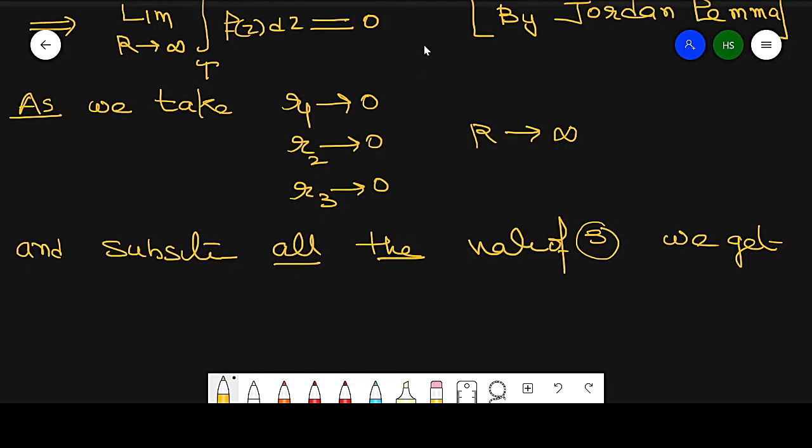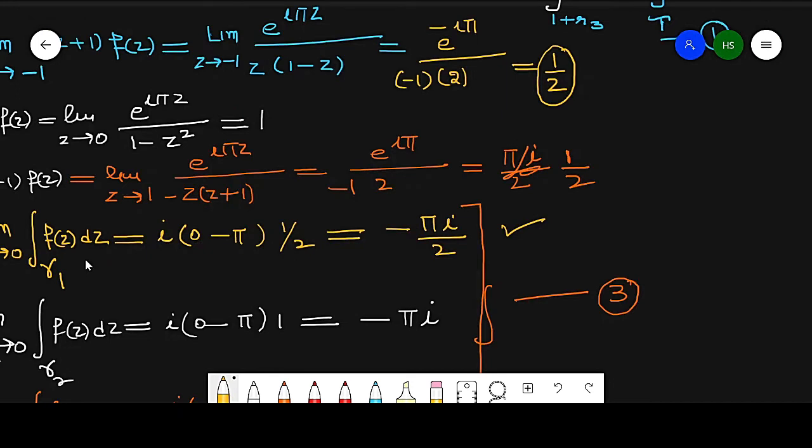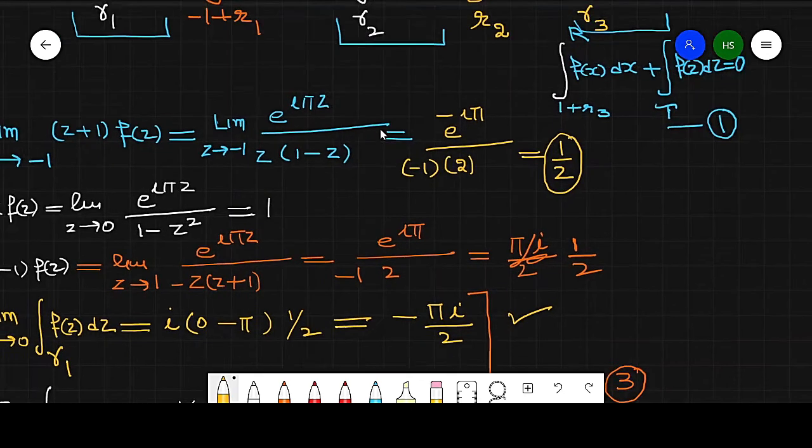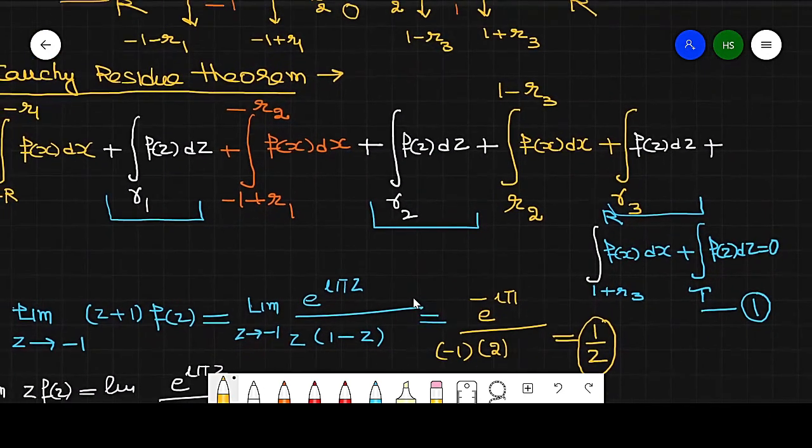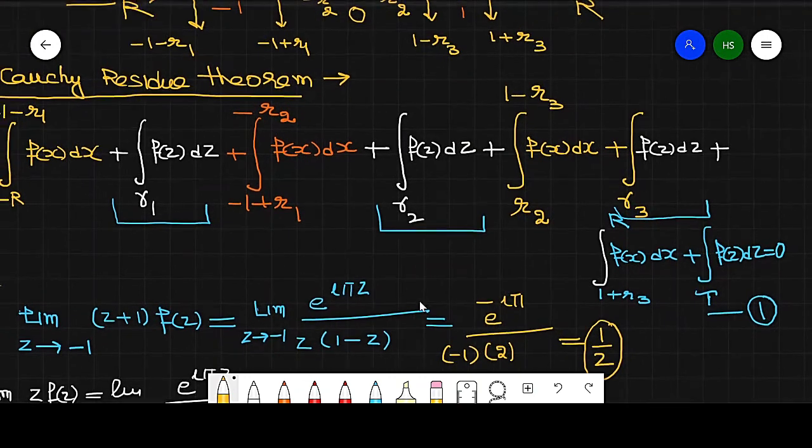So this value, now I am going to equation number 1. Check that. This is the value, the total sum is equal to minus 2 pi iota. If I write the sum of 3 and 4, this is minus 2 pi iota.